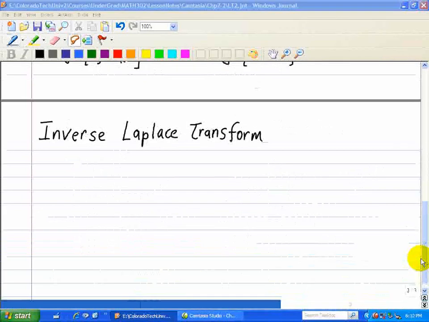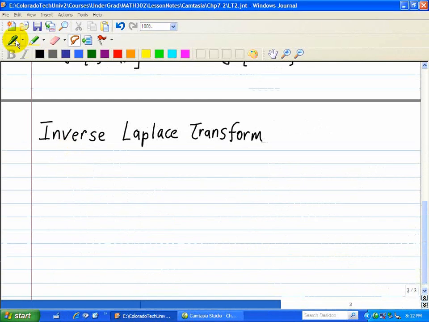So let's do some examples on applying the inverse Laplace transform. Let's say we want to find the inverse Laplace transform for the following function, where we have 1 over s to the 5.